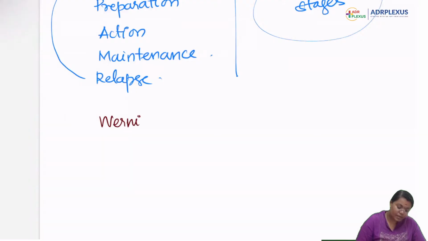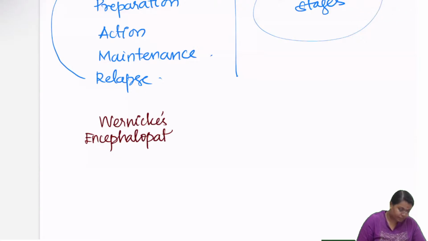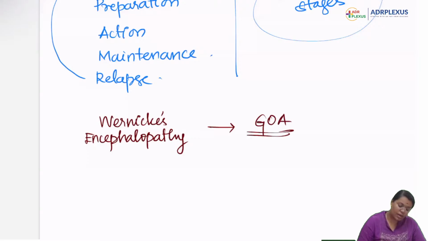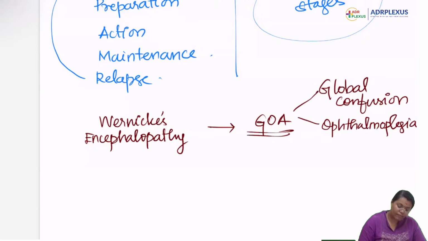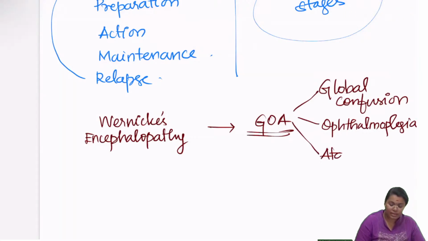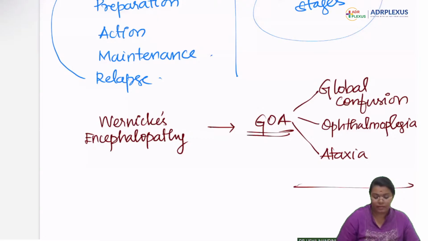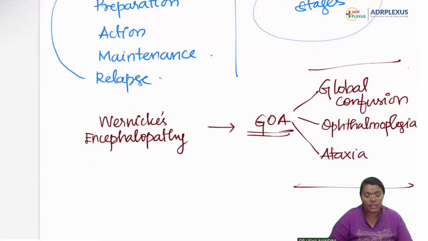Wernicke's encephalopathy, which is indicated by the symptoms of global confusion, ophthalmoplegia and ataxia. So this is about Wernicke's encephalopathy.